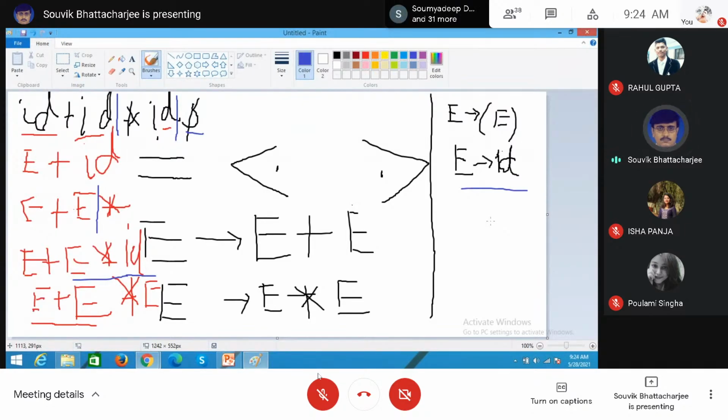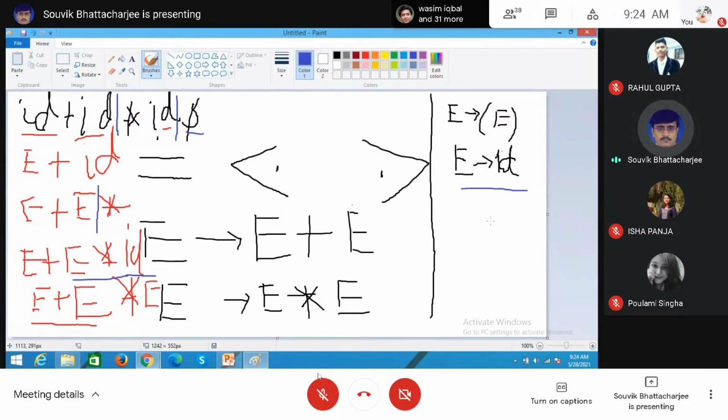Besides this, you can use another technique, that is another type of the shift reduce parser, known as the operator precedence parser. And I am showing you what is operator precedence parser. The concept is that here there are two operators, plus and star.